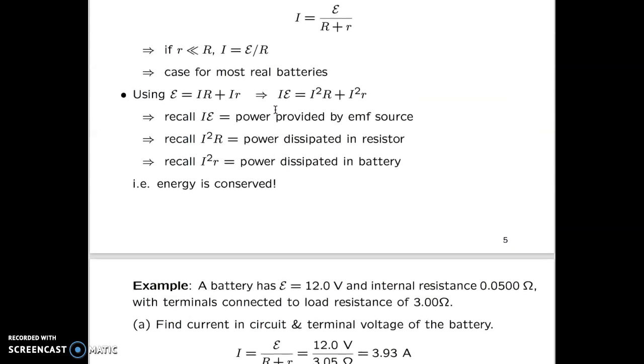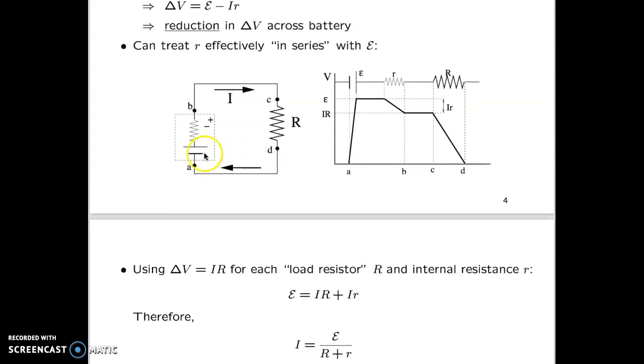In this picture back here, it would mean the potential difference between point A and point B. Remember in the picture on the right, we go up E, the EMF, and then we go down I times little r, and between point A and point B, that's the potential difference across the two terminals of the battery.